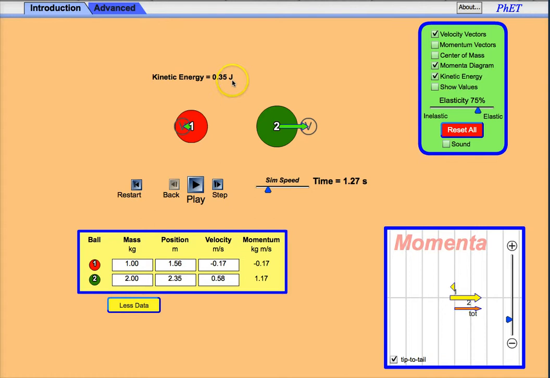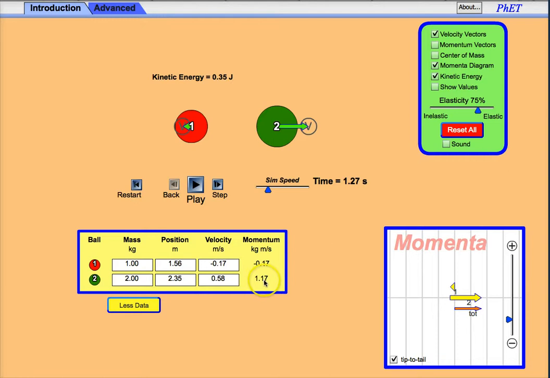Is momentum conserved in an inelastic or partially elastic collision? Let's see what the final momenta after collisions are. Here are the velocities that are computed, and here are the momenta. As you can see, momentum for ball 1 is minus 0.17 kg meter per second, for ball 2 is 1.17 kg meter per second.